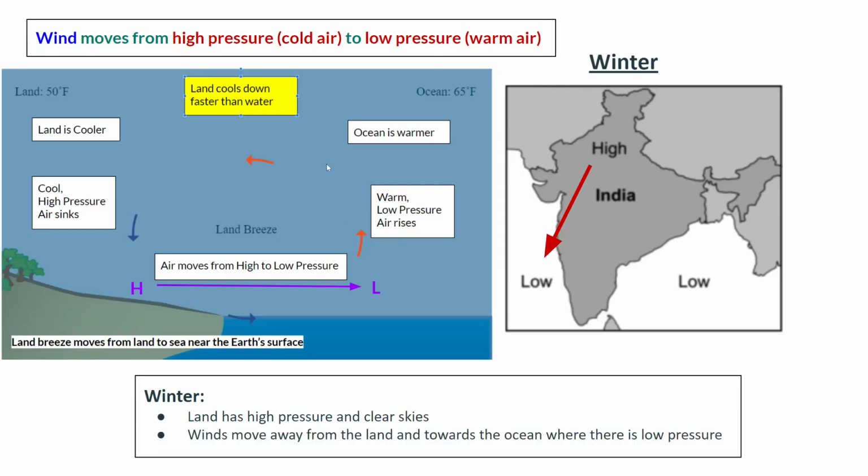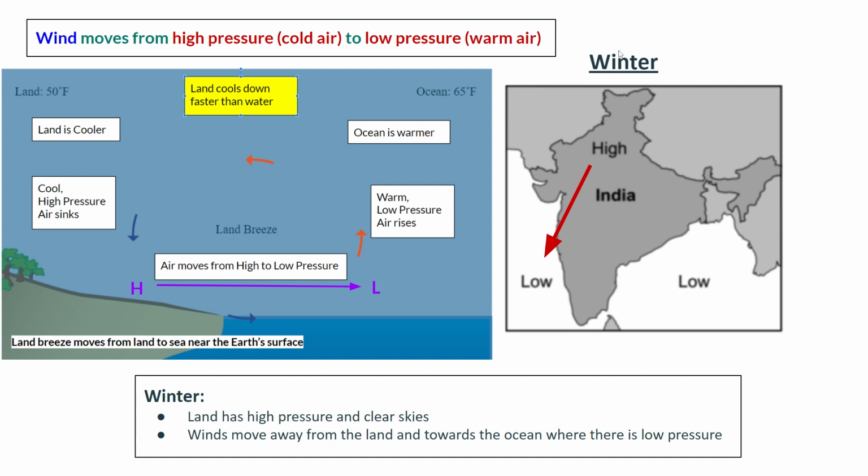So we've talked about this, right? Where during the nighttime when the land cools down faster, so it has high pressure, and the water cools down slower, so it has low pressure. The same thing happens to places like India and Southeast Asia.